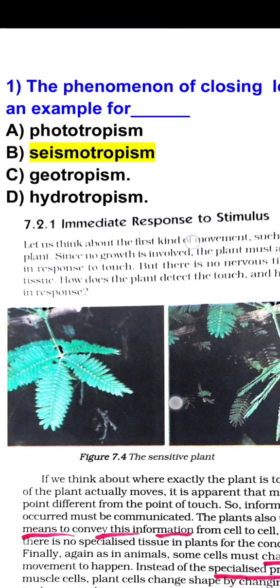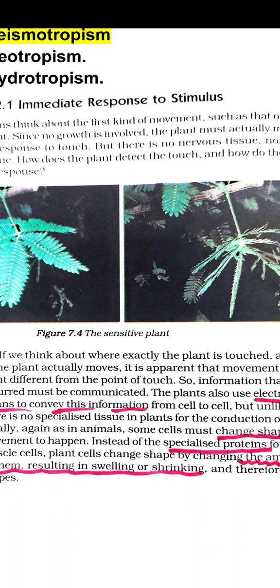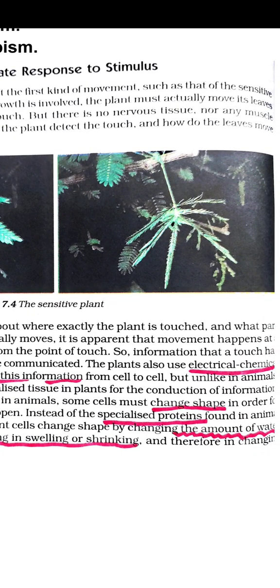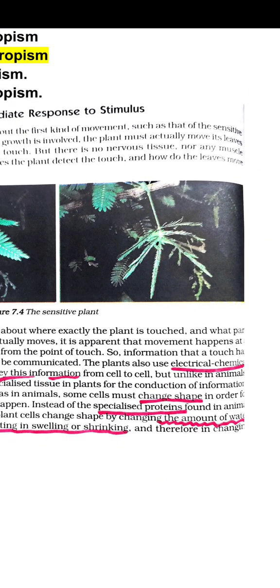Now, another question which can appear from this part is how the seismonasty, though it is an immediate response, is different from the immediate responses or movements shown by the animals. Now we compare the tissues involved.